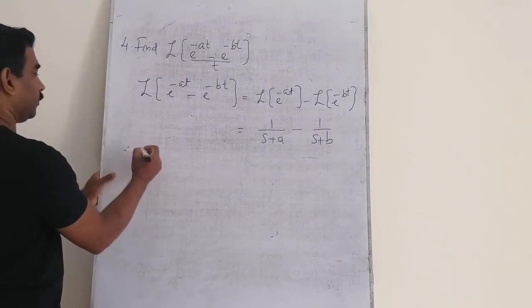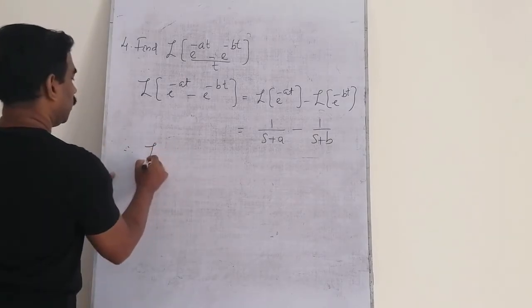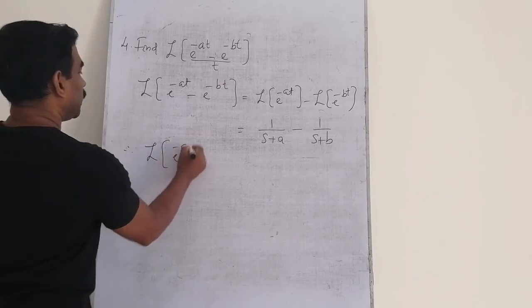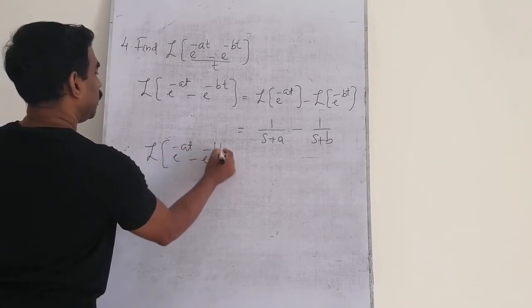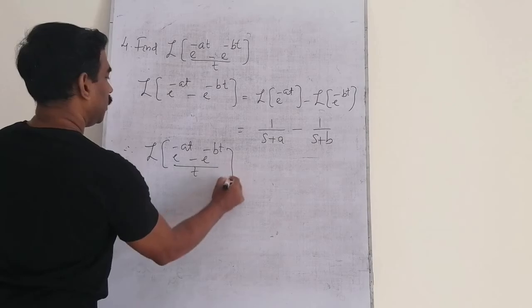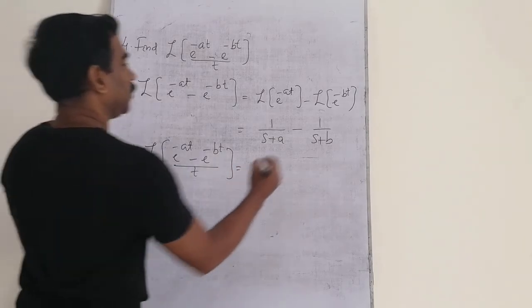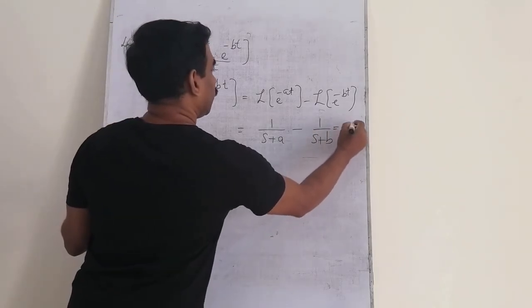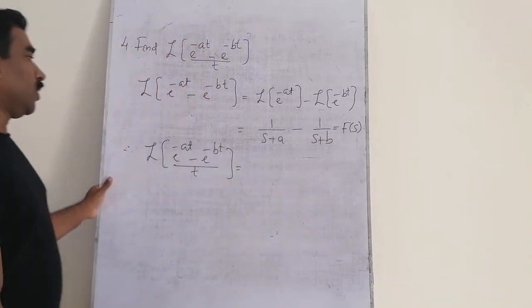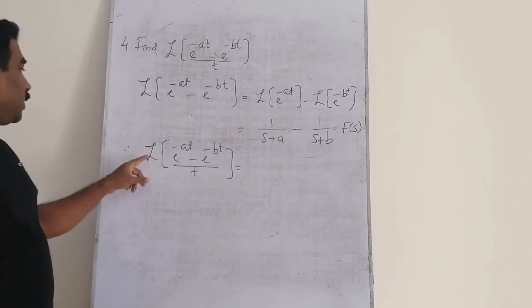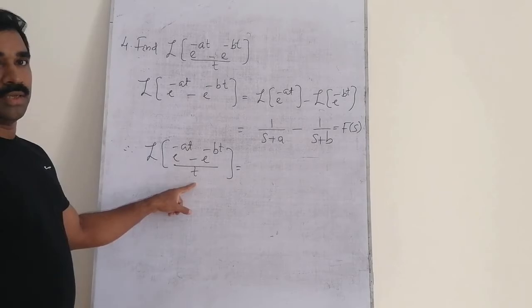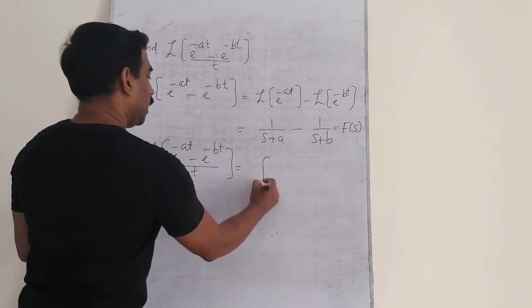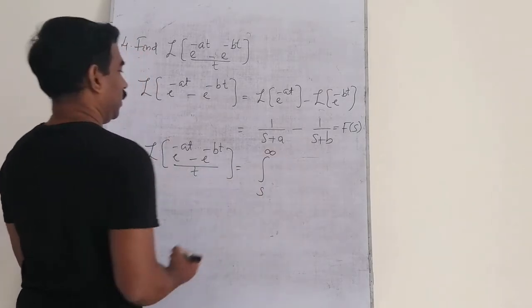Therefore, the Laplace transform of (e raised to minus at minus e raised to minus bt) divided by t is equal to... let us call this answer some function of s, say F(s). So according to the standard result, the Laplace transform of f(t) by t is equal to the integral from s to infinity of F(s) ds.